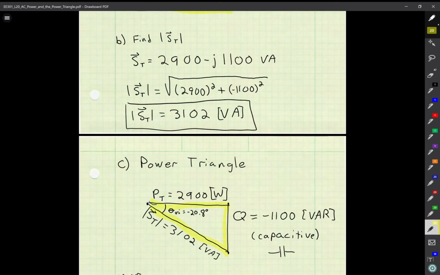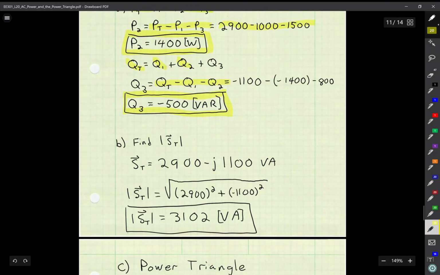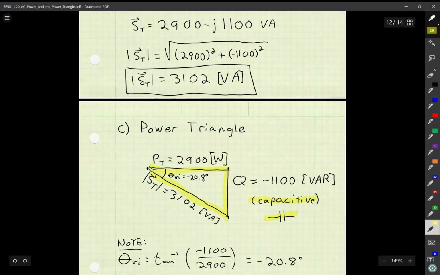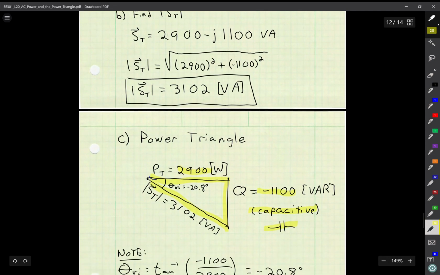Therefore, by definition, the impedance is capacitive, or that load is capacitive. Notice also that I have PT and QT, as shown in the diagram, as 2900 watts and minus 1100. That was just given in the problem.